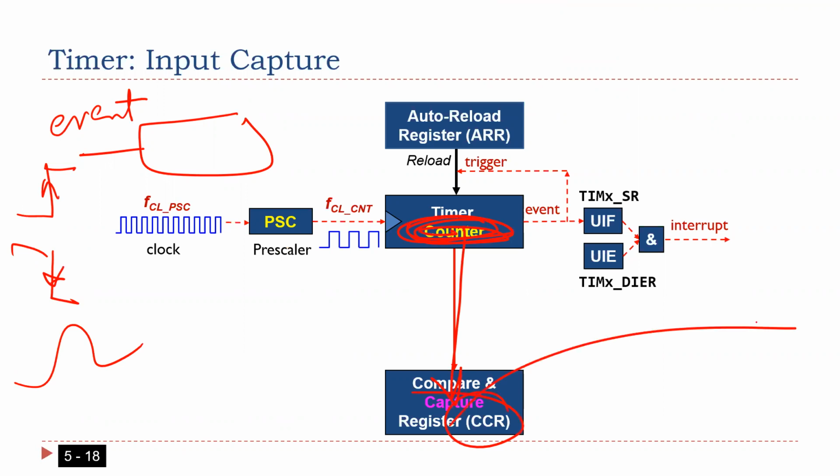This time you have to read CCR. Don't write to CCR. You cannot write to CCR. Hardware is going to write to CCR, and then you can read the value. This is a timestamp for this event.